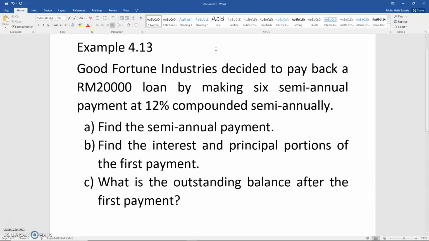There is no statement that says anything about making payment in annuity, but basically they made 6 equal semi-annual payments, which shows an annuity.